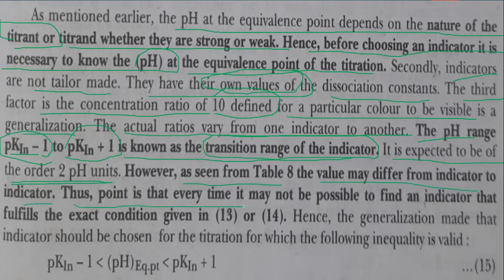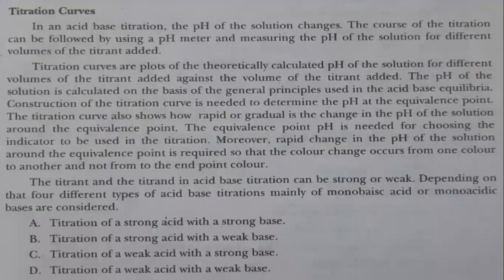Thus, the point is that every time it may not be possible to find an indicator that fulfills all the conditions. Okay, means for different titration, we have to go for a different indicator. One indicator cannot show the endpoint for all types of titration. Okay, this is what the condition is, because each and every indicator is having its range in which it shows change in color for the acidic and basic pH.